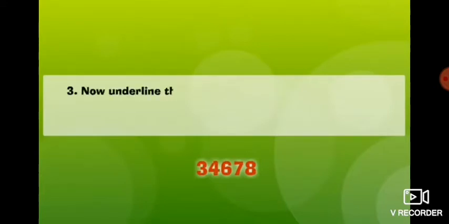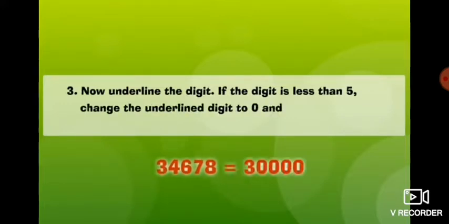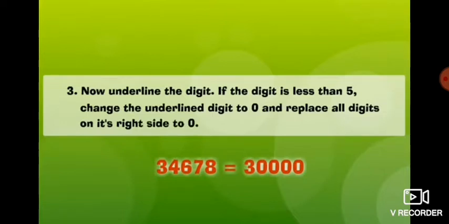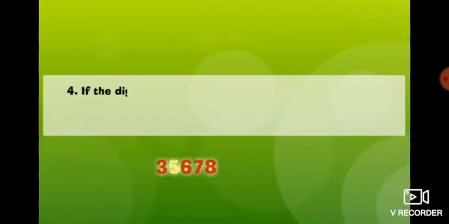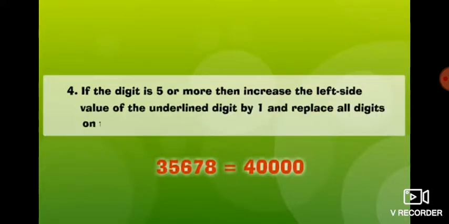Now underline the digit. If the digit is less than 5, change the underlined digit to 0 and replace all digits on its right side with 0. If the digit is 5 or more, then increase the left side value of the underlined digit by 1 and replace all digits on the right side with 0.